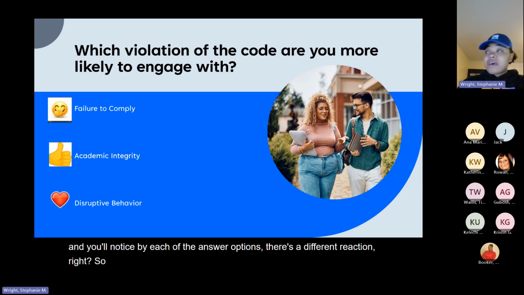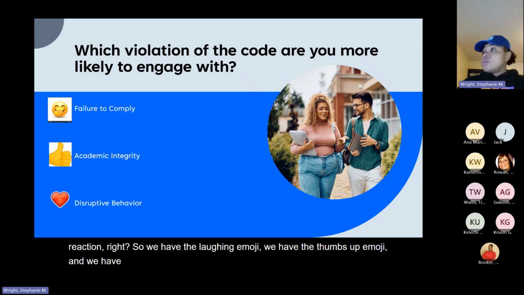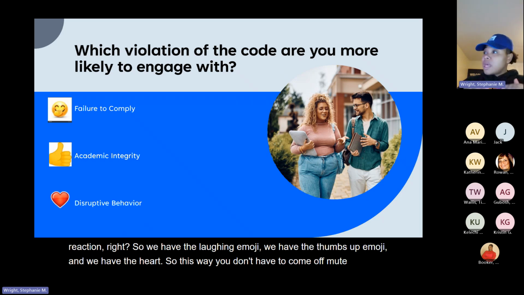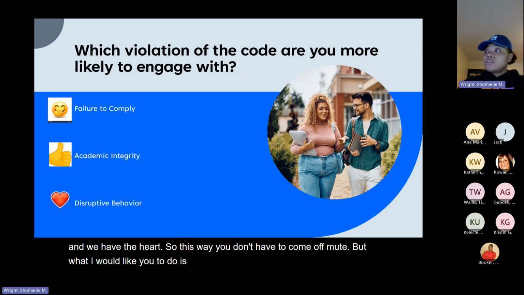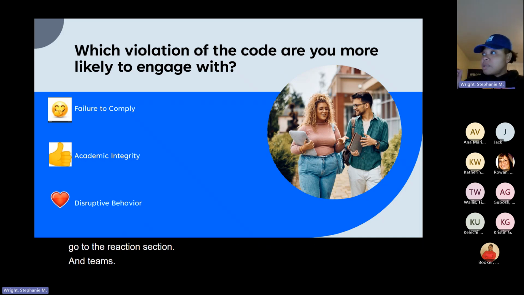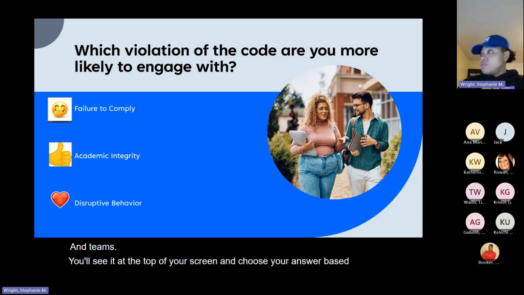So we have the laughing emoji, we have the thumbs up emoji, and we have the heart. This way you don't have to come off mute, but when the question comes up on the screen, go to the reaction section in Teams. You'll see it at the top of your screen and choose your answer based on the emoji next to it.